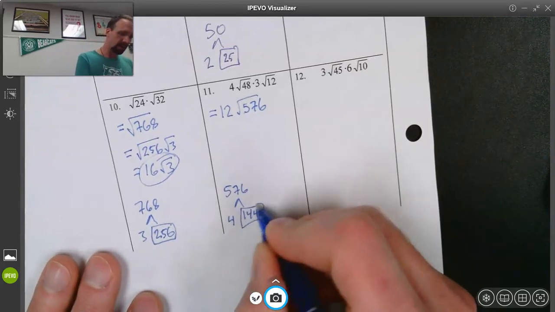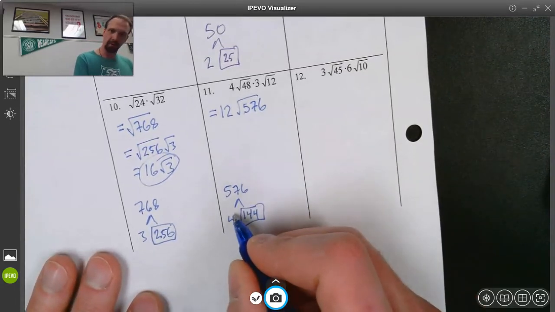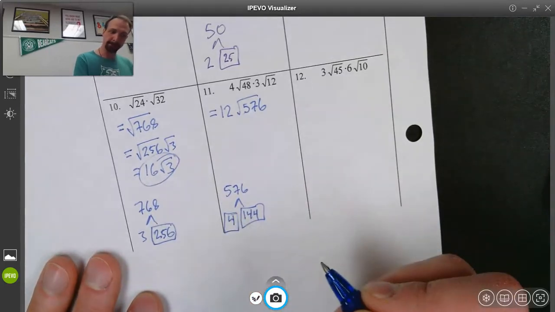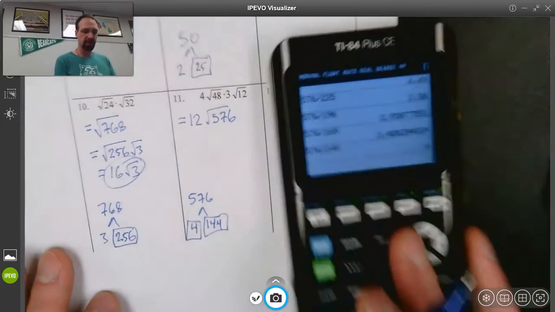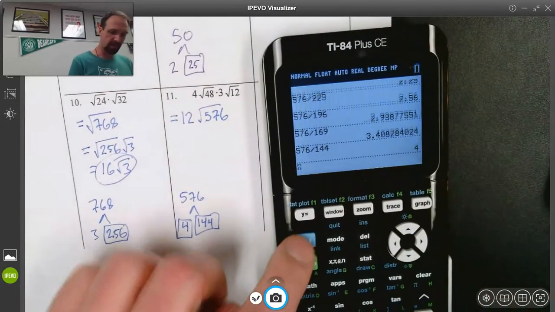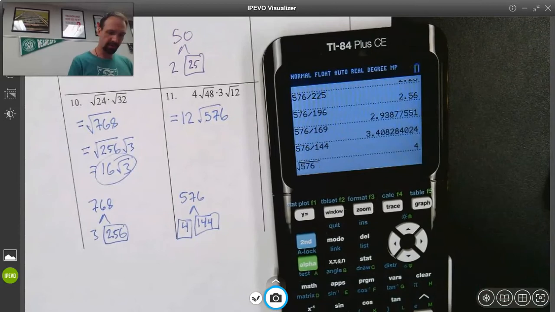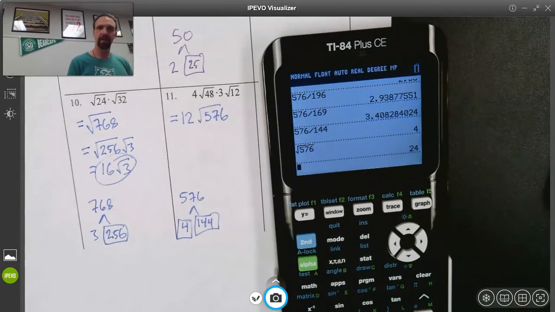All right. Now, wait a second. 4 is also a perfect square. What does that mean? Well, that actually means I might be able to take the square root of 576. It's just past our list. So sometimes this will happen where you have one that is a perfect square, but it isn't apparent.